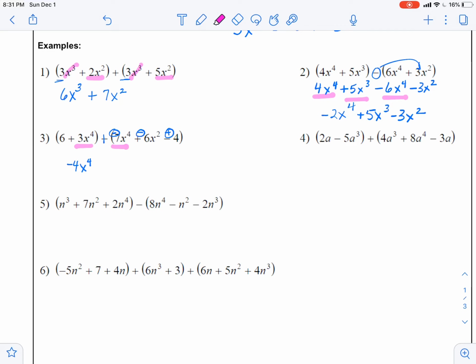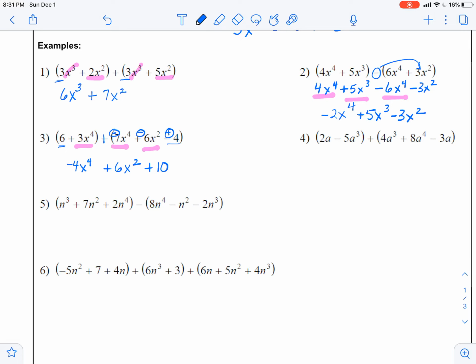Then I have an x squared, and that's the only one I have, so that's plus 6x squared. The only thing left is my 6 and my 4, and that's plus 4, which would be 10. So again, those would be my suggestions when you're doing addition and subtraction.